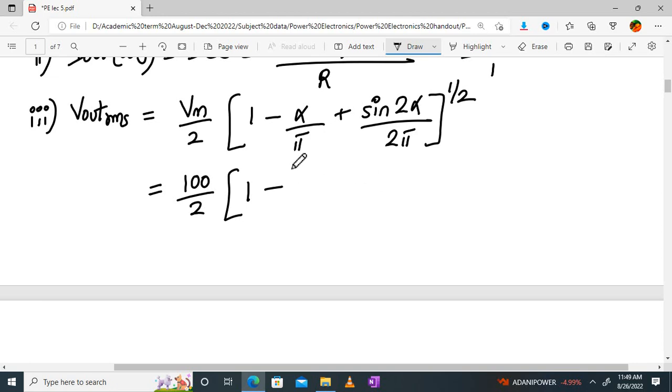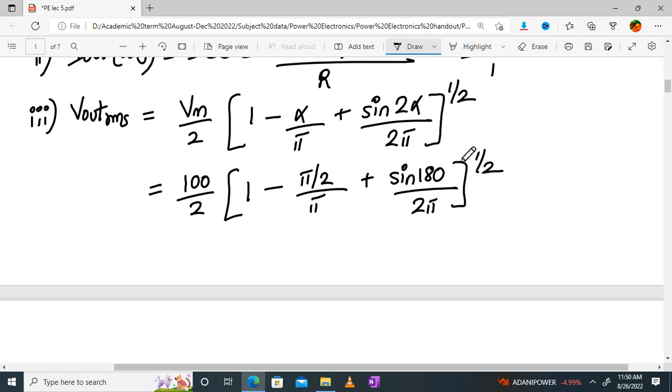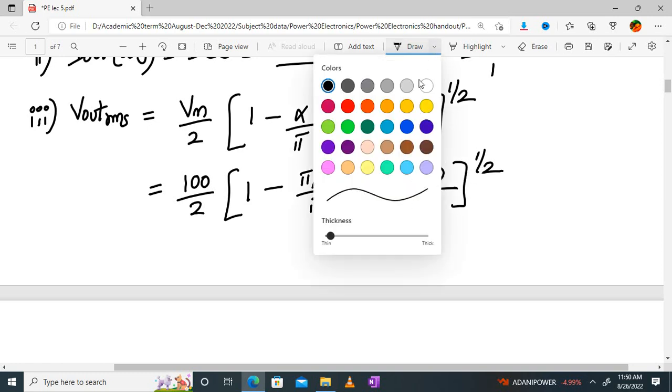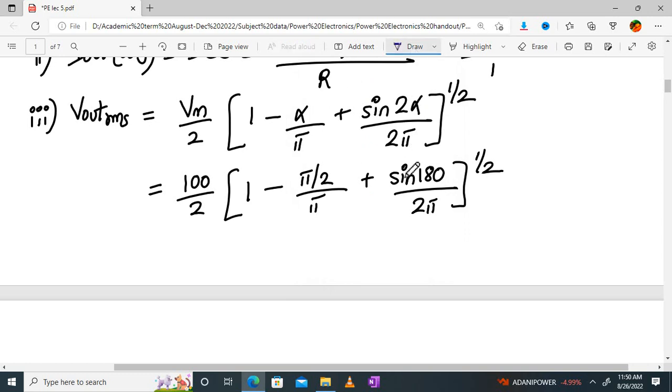So here you substitute pi by 2 only, right? Plus sin 2 alpha. Alpha is 90, so 2 alpha will be 180. What is sin 180? It is 0.